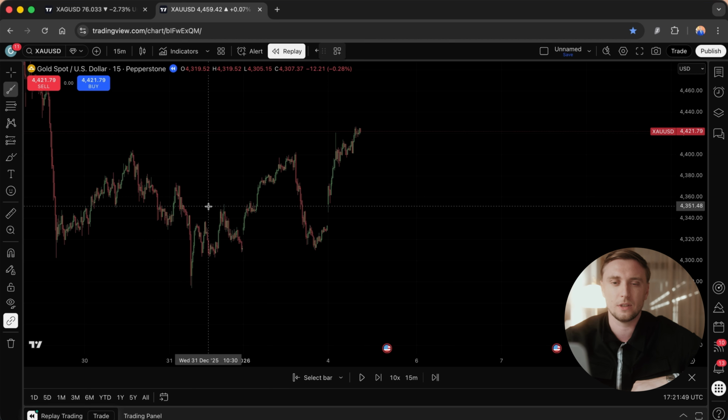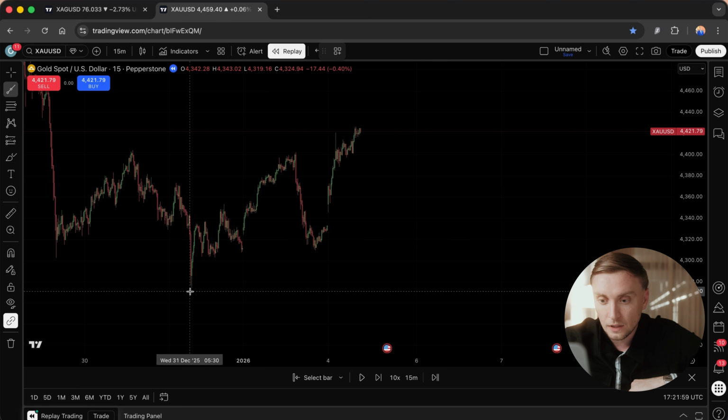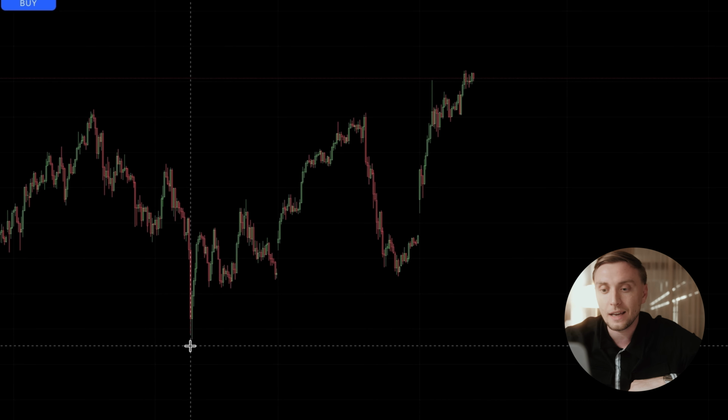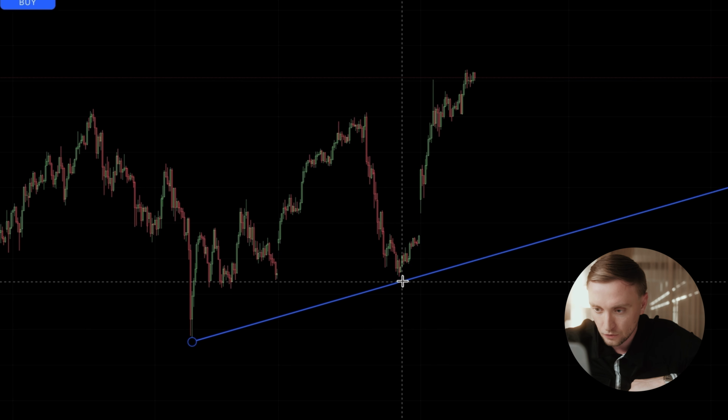So how is this weak line built? I'll explain in a shorter way, because of course today is 2026 and our indicator builds everything automatically, but you need to understand how it works. He explains that when we have some trend movement, we need to build this weak line using three major rules. Rule number one, we start from the lowest point of the trend.